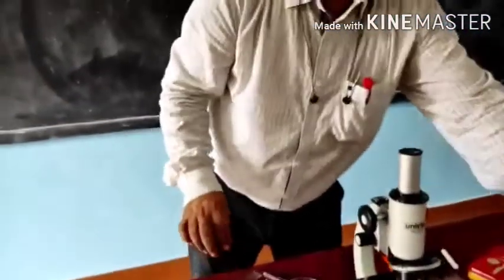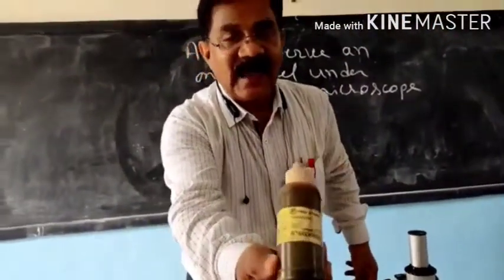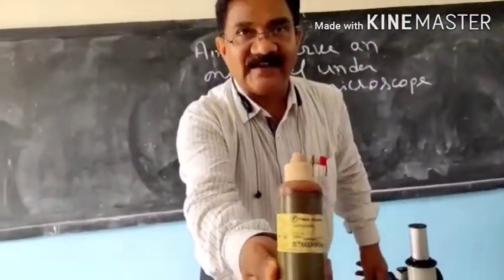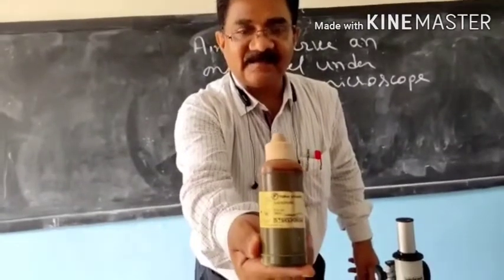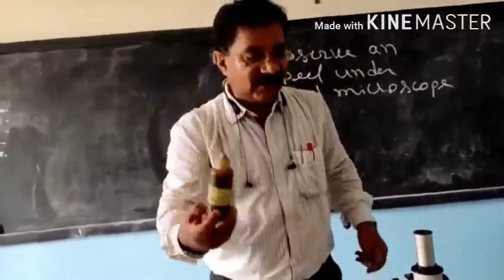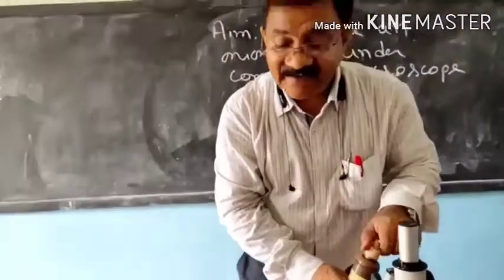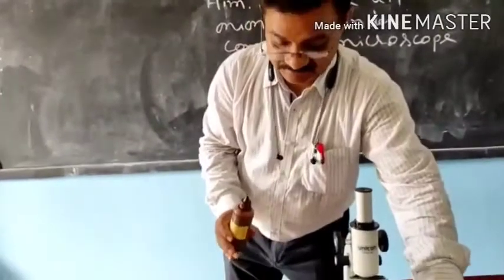Now next part. You can see one stain color is there, and the name of the color is safranine. See the spelling, safranine. Safranine, one chemical, one color I am taking, and a little bit of color I will put there. Okay.